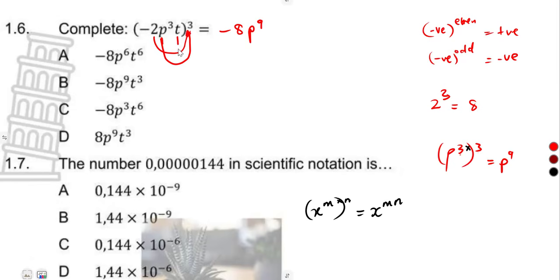Then t is also raised to the exponent of 3. So that's t to the exponent of 3. So which one is it that we have here? Minus 8p to the exponent of 9, t to the exponent of 3. That is on B. So the answer was going to be B.